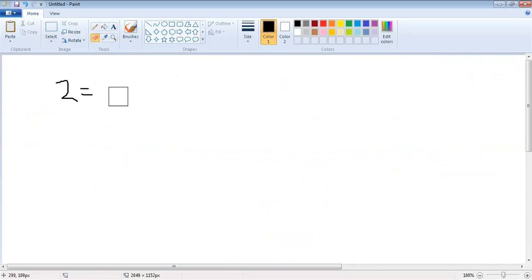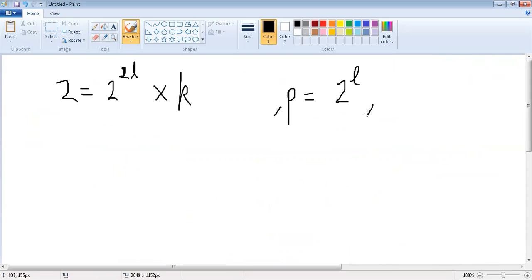Sorry, my mistake. 2 must equal 2 to the power of 2 times k, if p equals 2 to the power m times k, and let q equal 2 to the power l times d.